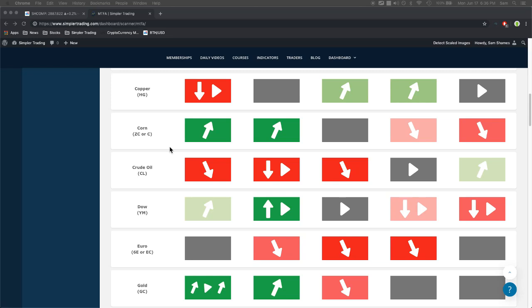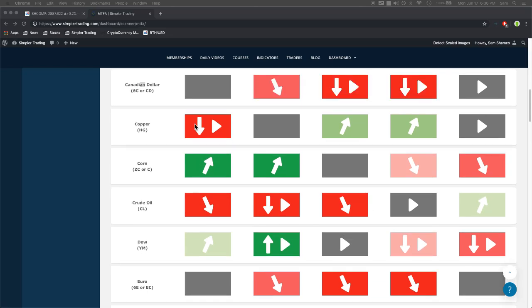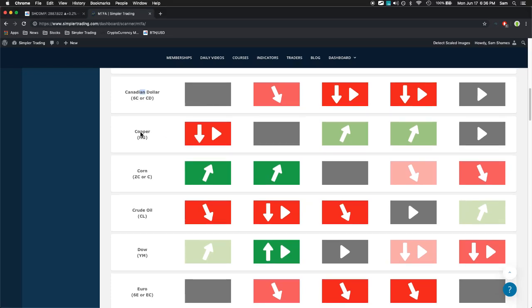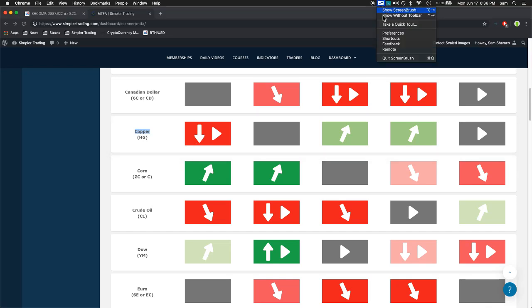Everything basically that I would want to look at, you can find here in the MTFA. And the cool thing is whether you choose to fill out the exact values like on the list that I'm going to give you, or if you choose to just use an arrow system and use the MTFA to do it, I think it works just as well. Because at the end of the day, the point is not to care about what's going on with copper futures, for example, but to understand the importance of something like copper futures when it comes down to the Dow.